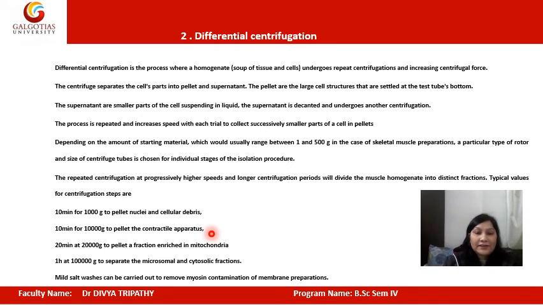Now again, we will separate this pellet from the supernatant and the supernatant will be subjected to another cycle of centrifugation, and this time we will take 20 minutes at 20,000 G. In this cycle, we will get the pellet of mitochondria, and when we subject the last fraction to 1 hour at 1 lakh G, the microsomal fraction and cytosolic fraction will get separated. Mild salt washes can be carried out in order to remove myosin contamination and for membrane preparations.